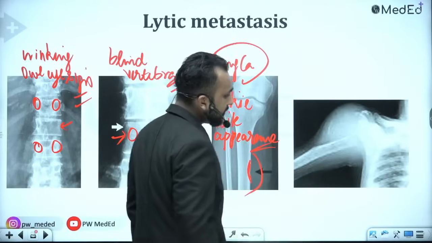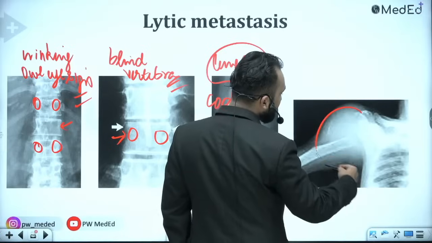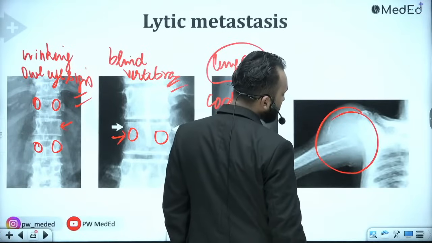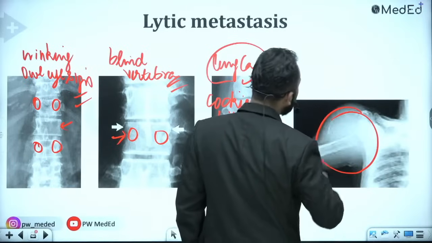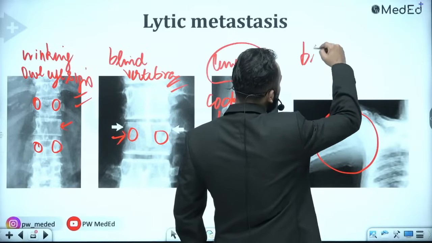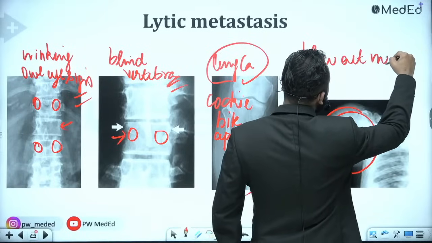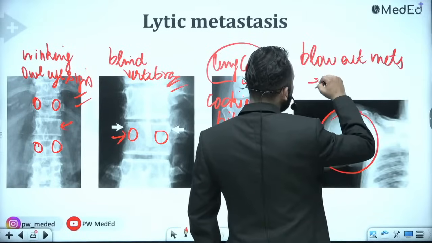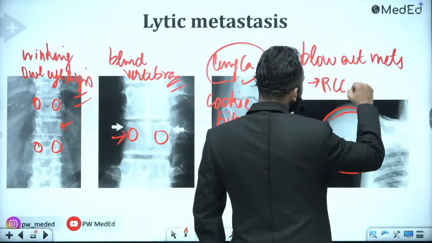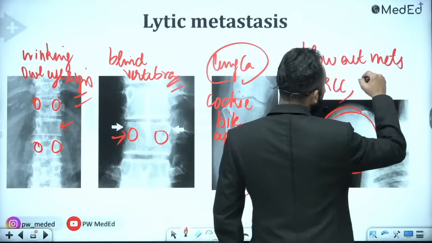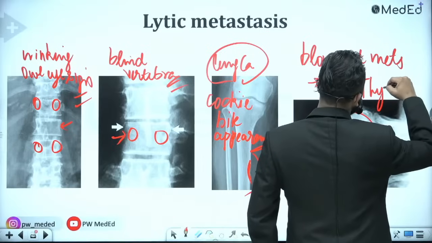And in the next image we can see that the mets have become expansile. Okay, they have caused a break in the cortex. These are your blowout mets, and these are seen in patients with renal cell carcinoma and thyroid metastasis.